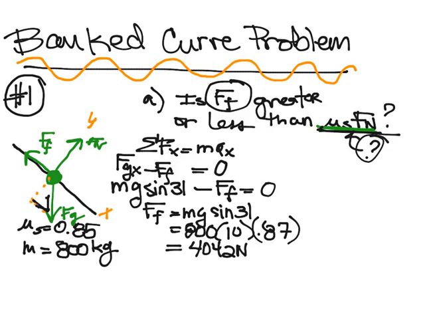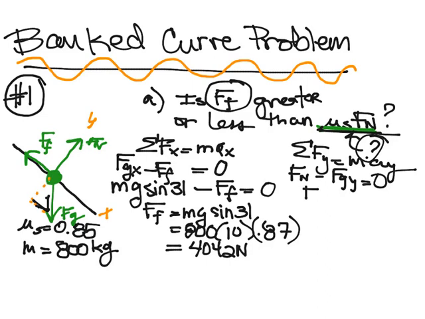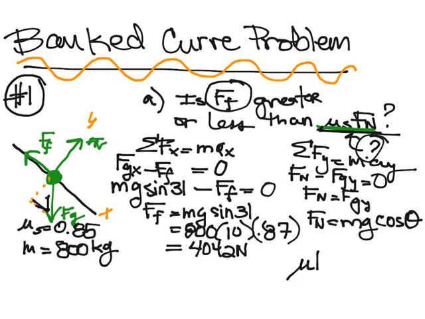Now we want to compare that number to mu s times Fn. To do this, we have to find Fn using our y information. So we have sigma Fy equals m ay. We have Fn minus Fgy equals 0. Fn equals Fgy, and Fn is equal to mg times cosine of theta. We can now calculate mu Fn.